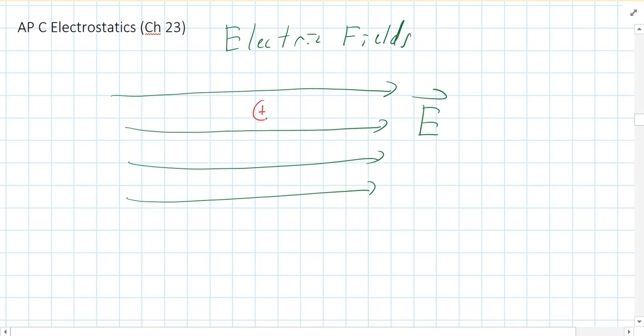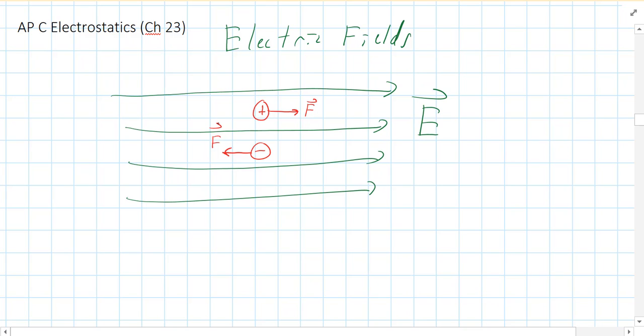So if I put a positive charge into that field, the force on it will be to the right. Well, what if I put a negative charge inside of that field? Well, negative charges feel a force in the opposite direction. So they would feel a force to the left, and they would accelerate left.